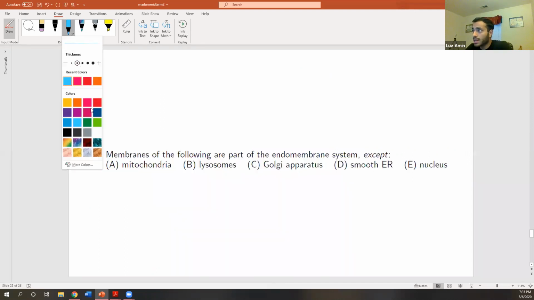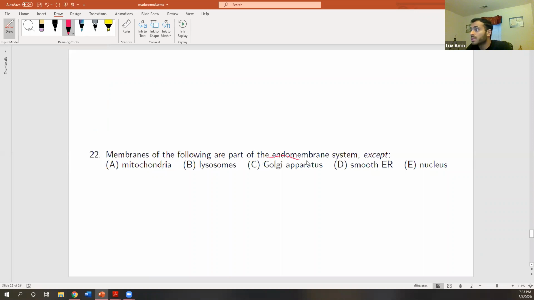So number 22 is asking us about the endomembrane system and which of the following organelles or membranes are part of the endomembrane system, except. So what I like to think of when I think of the endomembrane system is basically a secretory protein route, right? So what is involved?